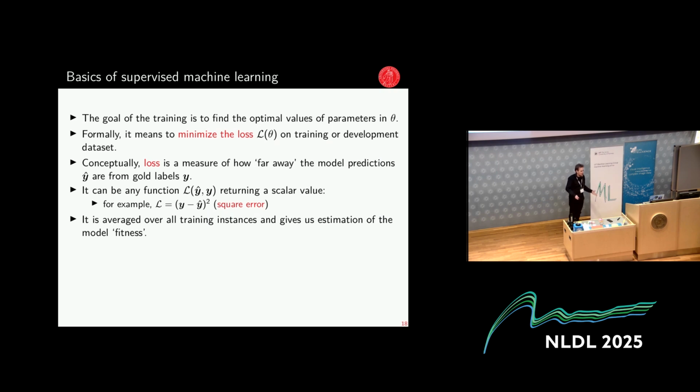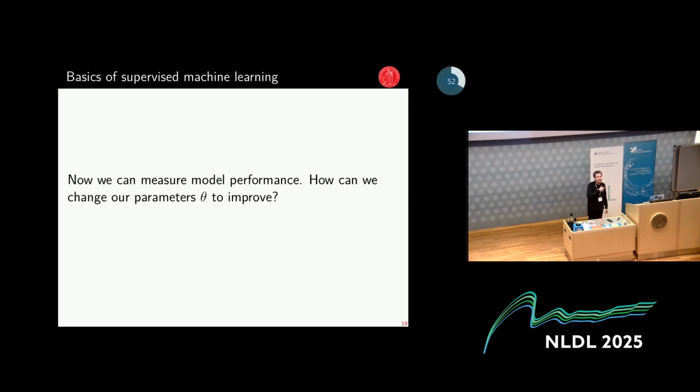So this is the measure of how good the model is, how well it fits the training data. And then we just want to find the set of parameters, basically this matrix W which I mentioned before, which minimizes the loss, right? Which makes it so that the model has the lowest loss possible.